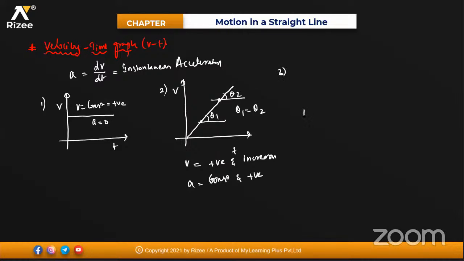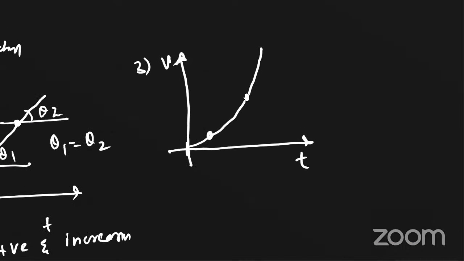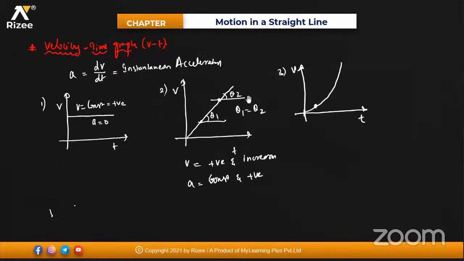Okay. Now, if I'm having a graph like this, velocity versus your time graph. And if the graph is going like this, now tell me what happened. If I'm standing somewhere here, going from point 1 to point 2, say for example.